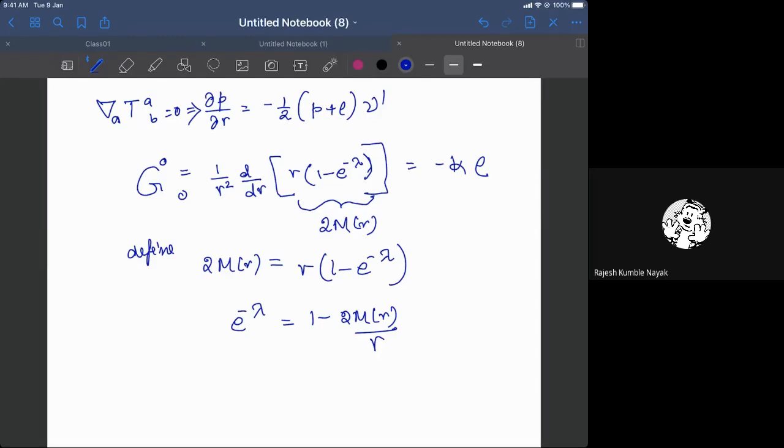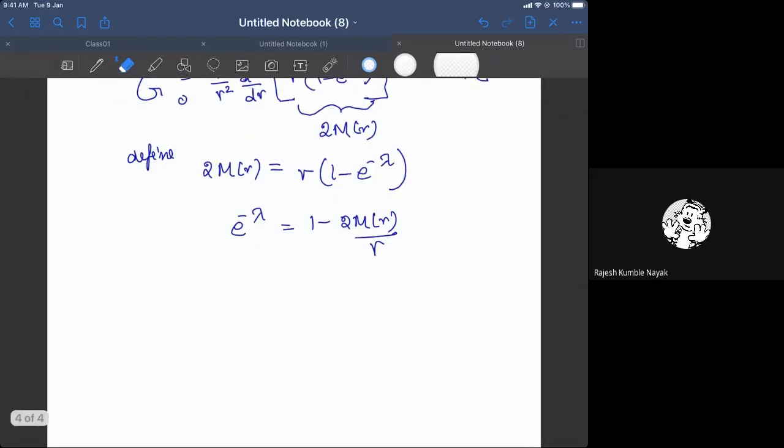In Schwarzschild, the G11 component, that is what you have here, is actually 1 minus 2m by r to the power minus 1, or simplified, 1 minus 2m by r is equal to e to the power minus lambda. There m is constant, but here m is not constant. M is a function of r till the radius of the star, where rho goes to 0, and that is what you have.